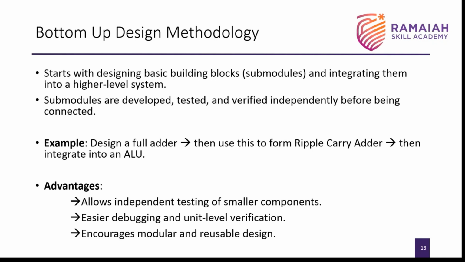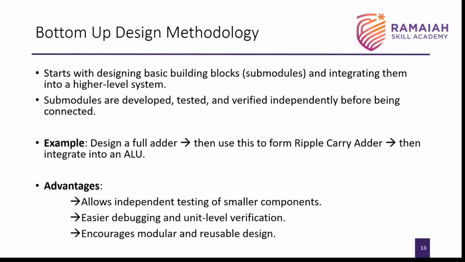Okay, so why this is helpful is since you have smaller blocks at first, you can test the smaller components at very early stages. So it is very easy to test. Whereas in top-down approach, what happens? You have a complete structure at first, and then you have to divide it into multiple blocks. So you cannot check the smaller blocks you have designed inside it, because you already have the top approach, right?